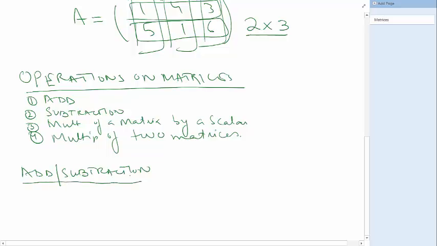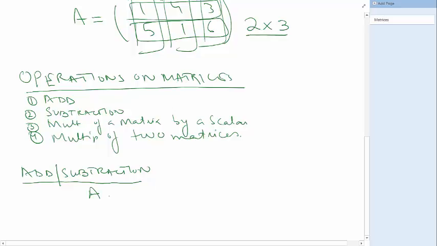Okay, let's start with addition or subtraction of matrices. For addition or subtraction of two matrices to be true, the must condition is both the parent matrices must have the same order. What does it mean?